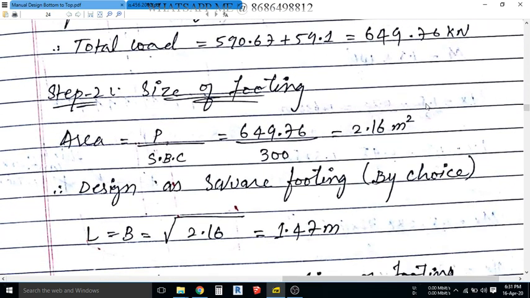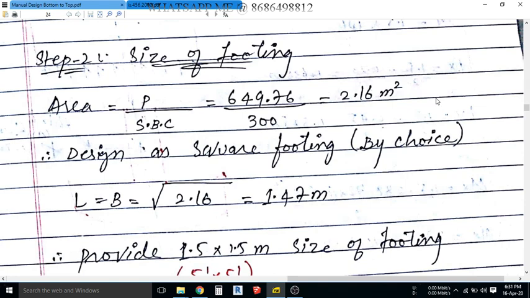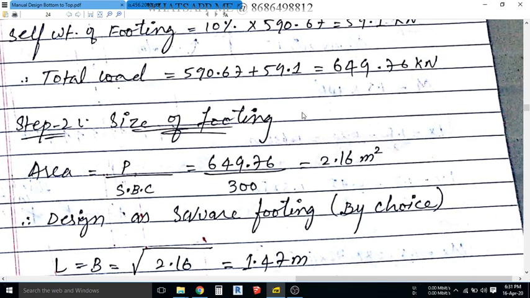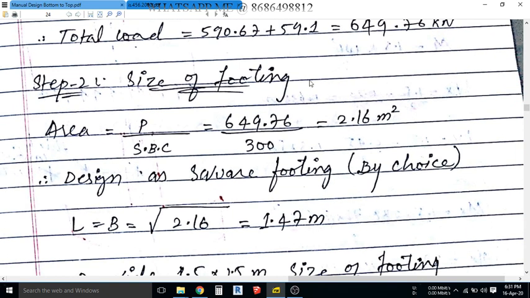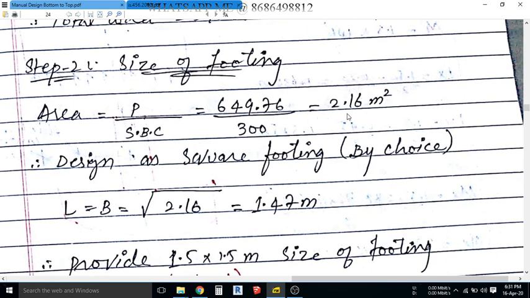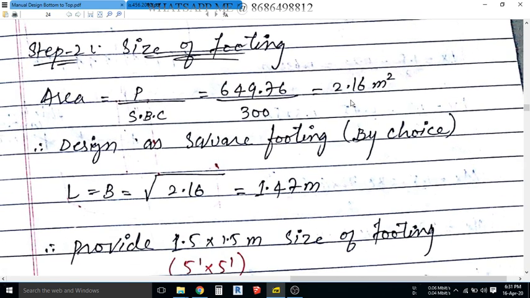Next is the size of the footing, and for calculating that we have a formula: the load, that is the working load plus the weight of the footing, divided by the SBC. Talking about the SBC, it's the safe bearing capacity, how much load the soil can bear safely. Dividing both of them, we get some area, and we have to make that area into dimensions.